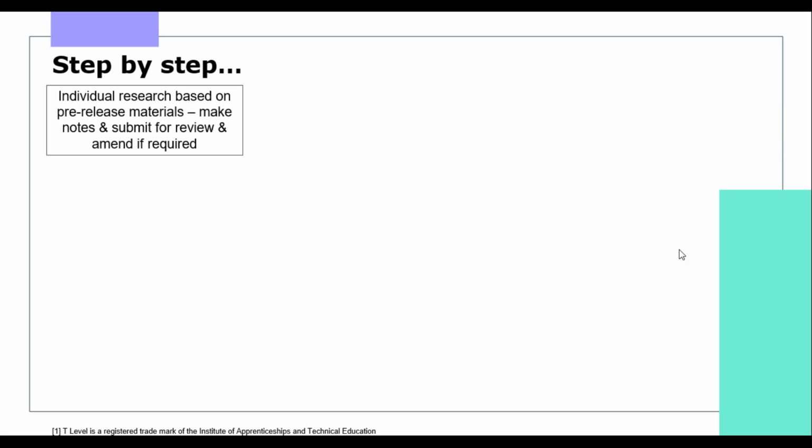So this slide is going to provide a step-by-step guide to the employer set project tasks, and it starts with a student research-based activity that will be based on some pre-release project information. Student research should be focused on collating information and materials that the students have received during their learning throughout the qualification, which can include any information pertinent to the contextualized version of the assessment, for example, the early years foundation stage.